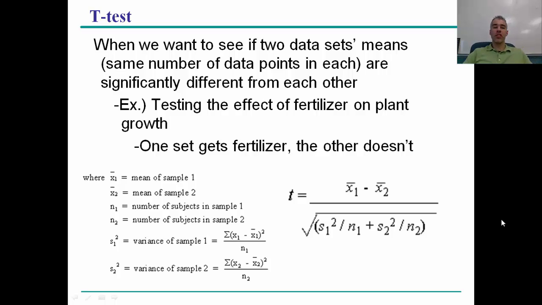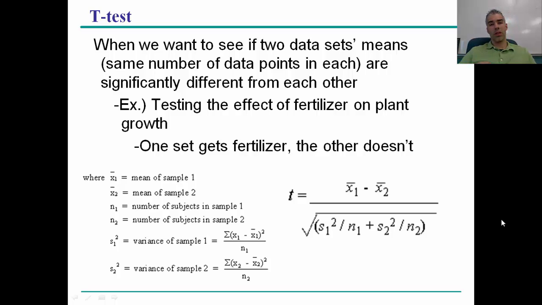Okay, so the first test you're going to do is a t-test. Now, many of you, I would guess, have probably done t-tests before. But basically it's trying to compare the means of two data sets, as well as the spread in them, to determine whether or not they are statistically different from each other.